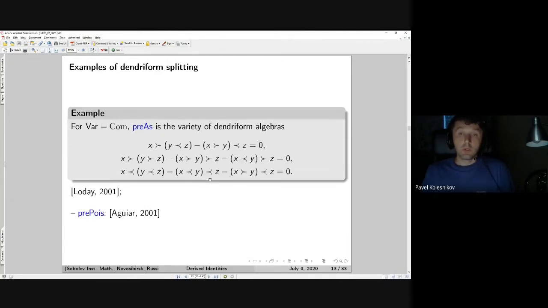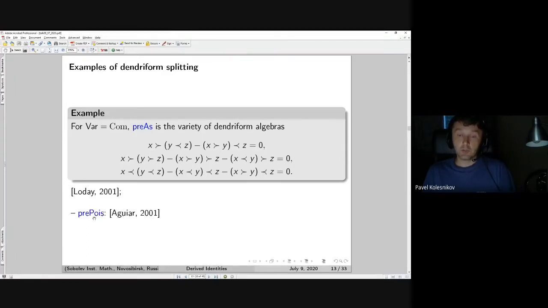One more example of dendriform splitting was also proposed by Loday. Associative algebras are supposed to be here. If we apply the dendriform splitting to not commutative but associative algebras, then what we obtain, the variety of pre-associative algebras, is exactly what is known as dendriform algebras.